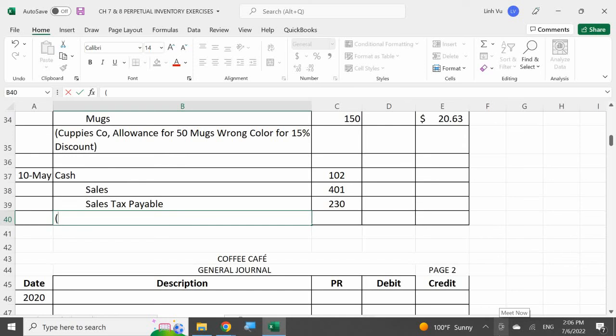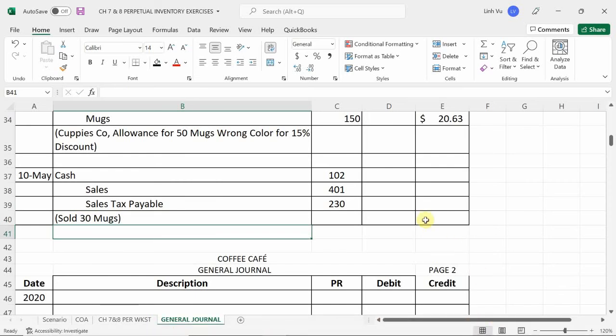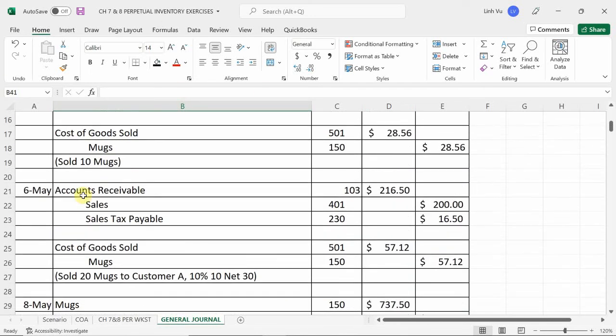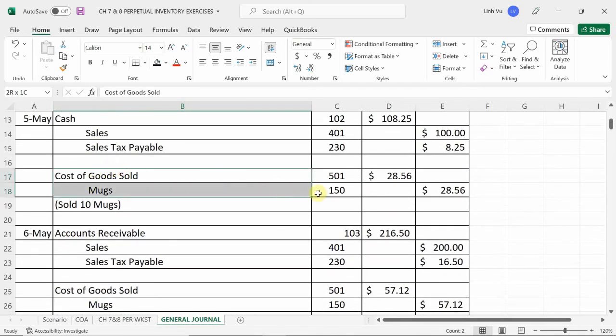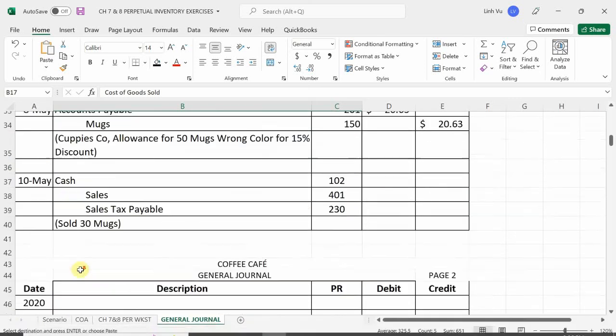They're two separate transactions, but I want to make sure that I know that I at least sold 30 mugs from this transaction. So when I split the page over, at least I know for a fact how many mugs I sold. And then I'm also going to recognize the cost of goods sold on the next page.